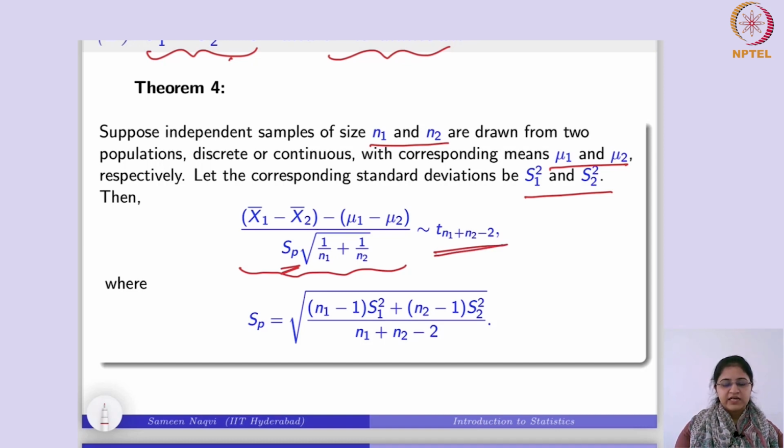Now again, as we have seen in the previous example, a T distribution can be obtained if you have a standard normal variate and a chi-square random variable. Right? So let us denote this term over here as T, and try to rewrite it such that we get a standard normal variate divided by the square root of this thing.